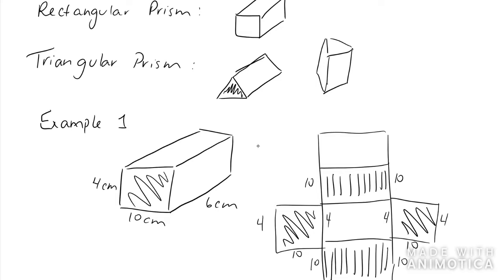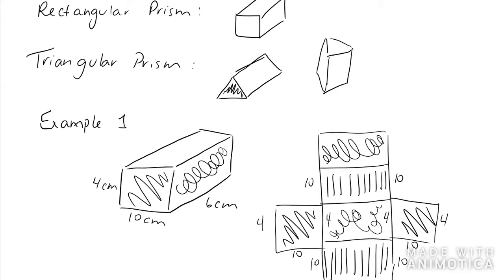Which means if this is our side, this will be our other side. And this will have the same measurements as before. And our last measurement is this length in between, and that's going to actually be our width, which is 6, which means every single one of these lines is going to be 6.